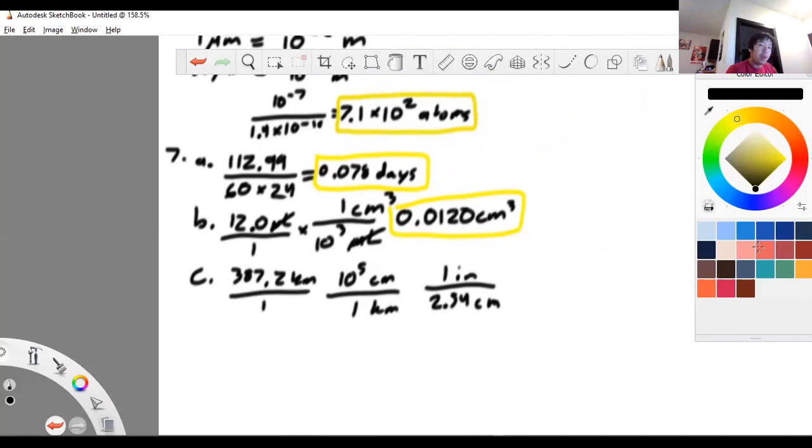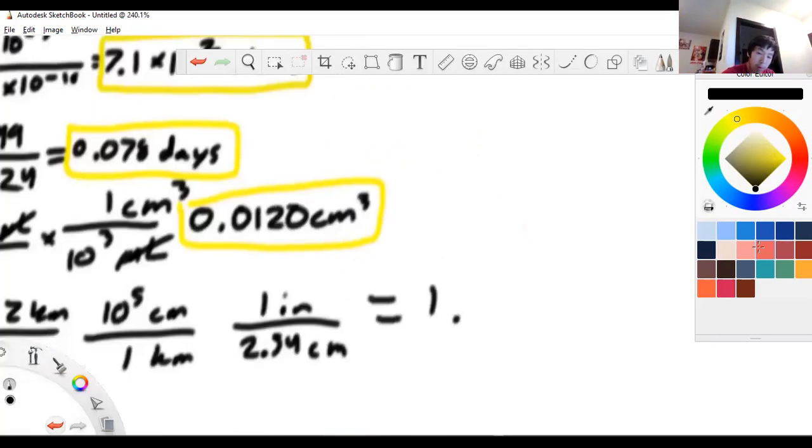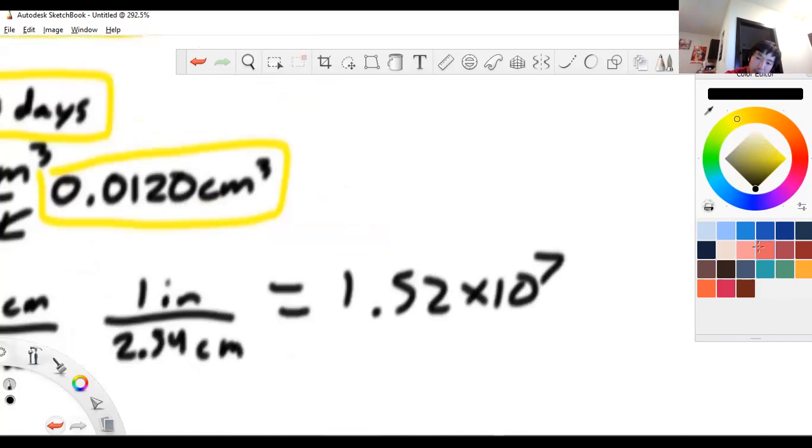We get 3... and we get 1.52 times 10 to the 7th inches.